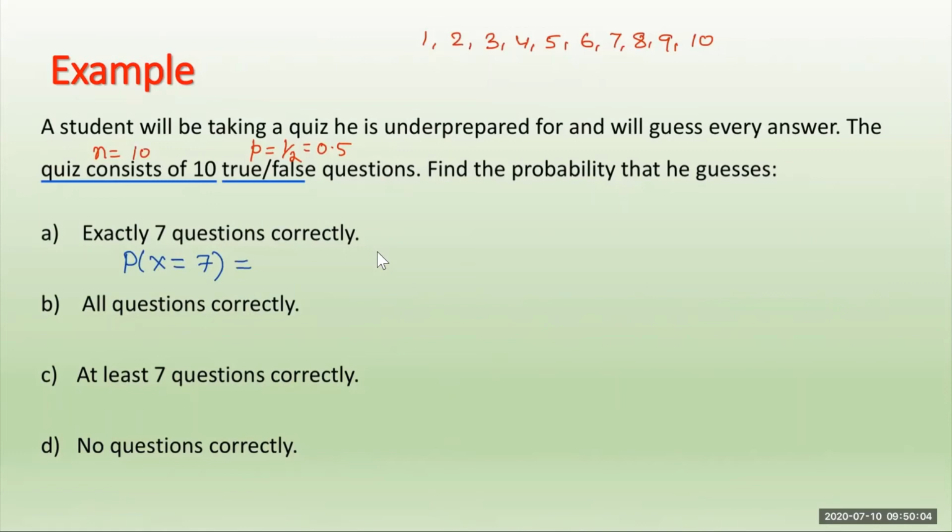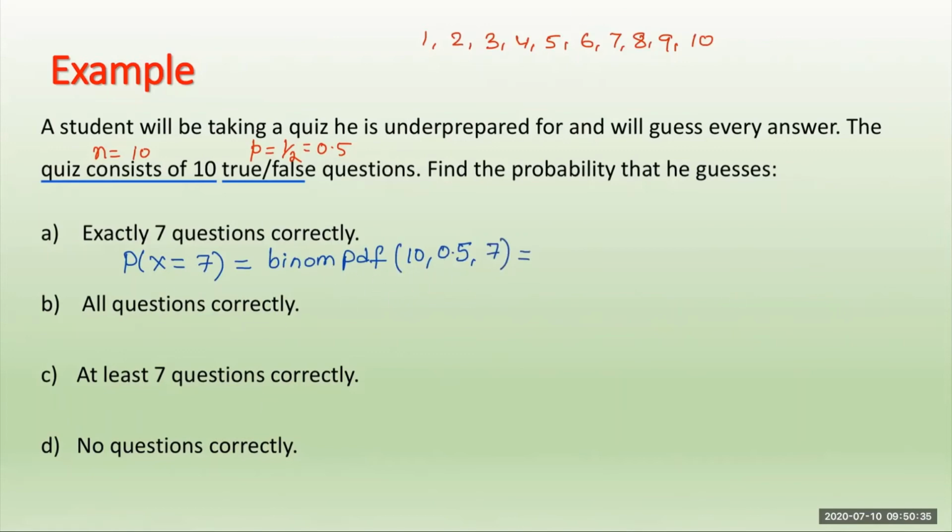If you remember from the class, in order to type this in the calculator for exactly 7, it should be binomial PDF, that is binomial probability distribution. First we type n, which is 10, then we type the p value 0.5, and then we type 7 because x is equal to 7. We do this in the calculator. Make sure you write this down.